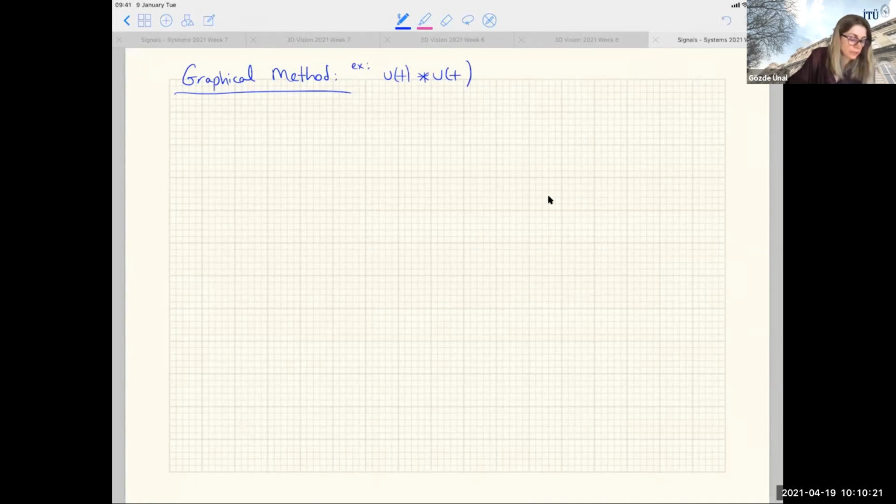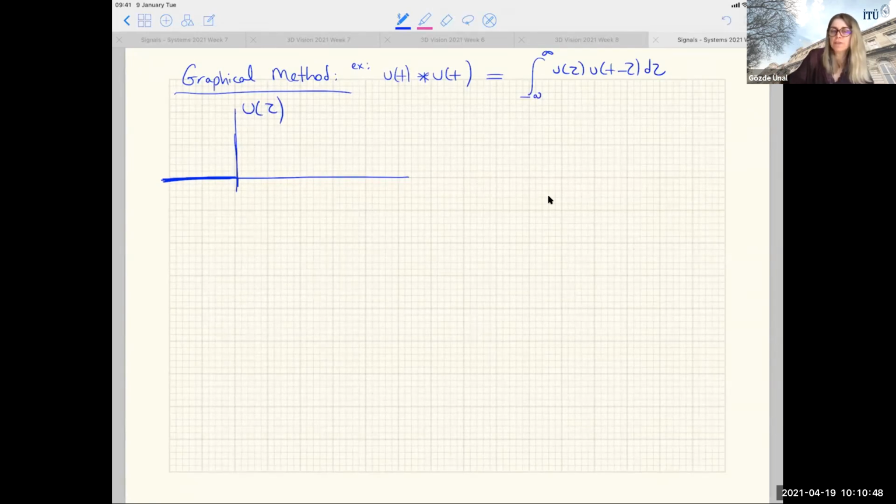So first graph, sorry, is this guy. I remember, the formula was minus infinity to infinity u of tau, u of t minus tau d tau. We're trying to show this graphically. So u of tau, bring u of tau. We did this also in discrete time, actually. So I'm really repeating. It's, let's say, this guy, tau. You see, tau is the dummy integration variable, okay?